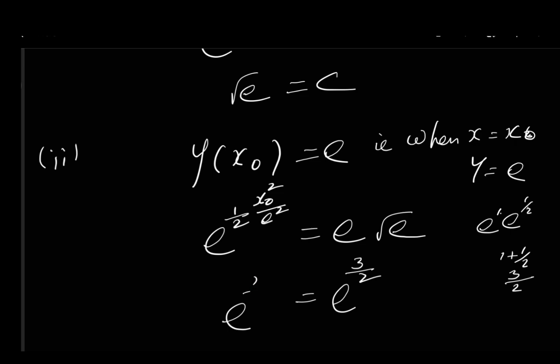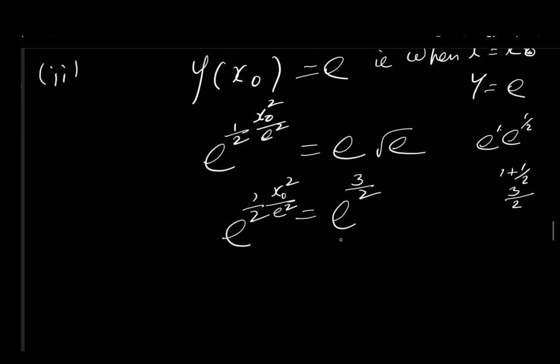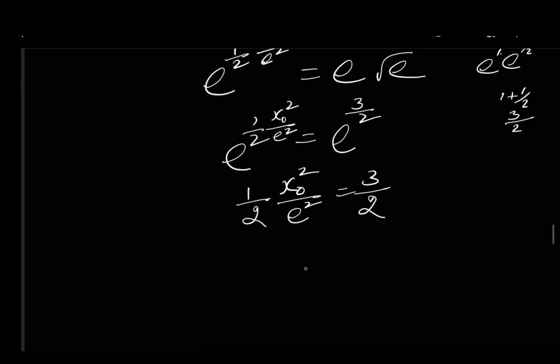Here e power 1 by 2 x naught squared by e squared. See, base is same, so the index should be also same. So 1 by 2 x naught square by e square is equal to 3 by 2. See, on either side, 2 gets cancelled.